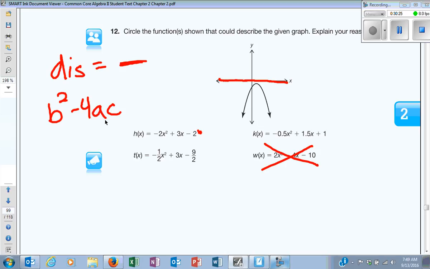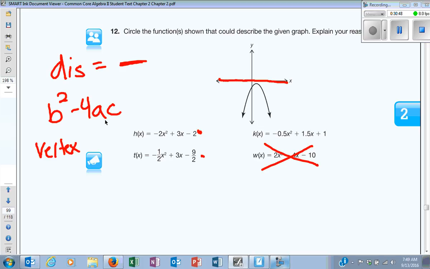Because this is, again, a test question. I need to figure out everything. Let's say Mr. Martin said there's only one solution for this. Let's say this one is a negative discriminant and this one is a negative discriminant. What could I next check to see if it matches up with this graph? Section 1. I could check its vertex.